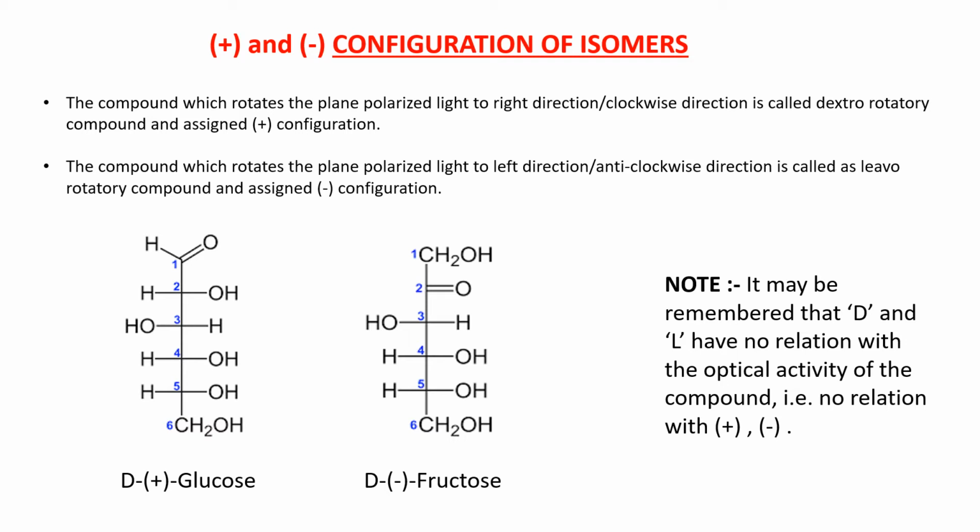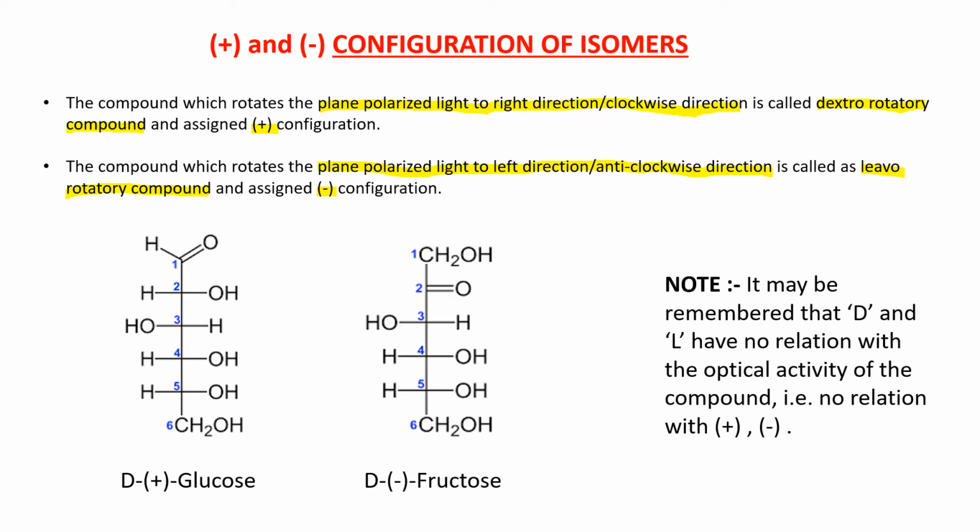It is an experimental value, and while doing the experiment, if a compound rotates plane polarized light to the right or clockwise direction, that compound is known as a dextrorotatory compound and is assigned plus configuration. On the contrary, the compound which rotates the plane polarized light to the left or anti-clockwise direction is called a levorotatory compound and is assigned minus configuration.